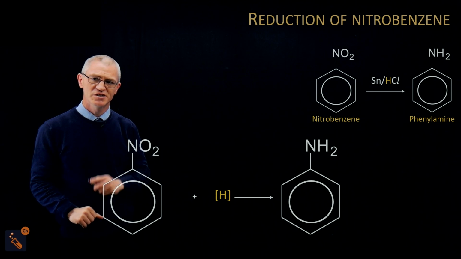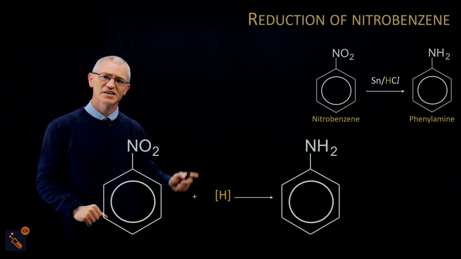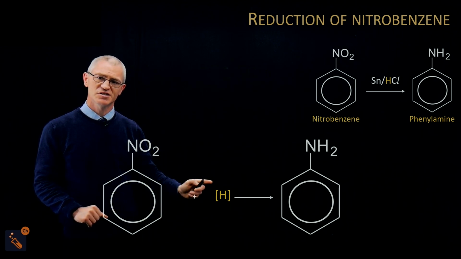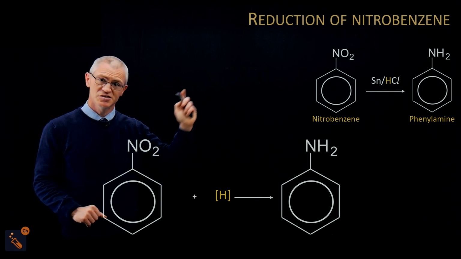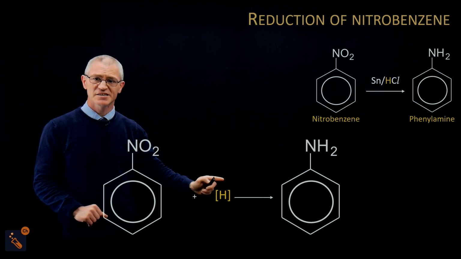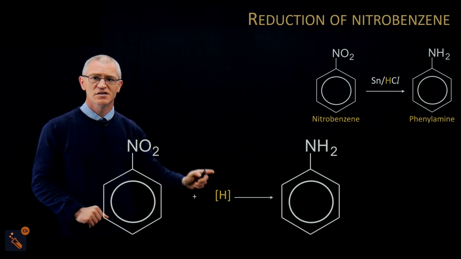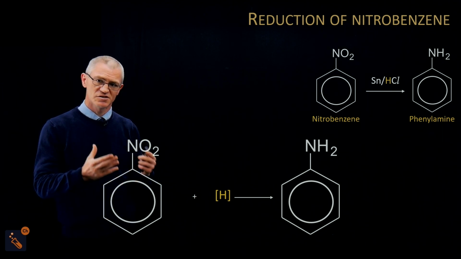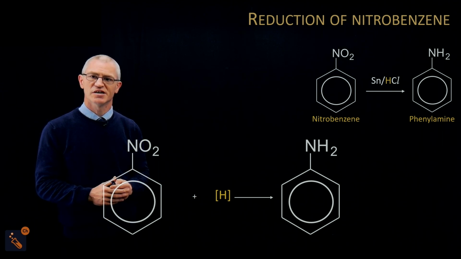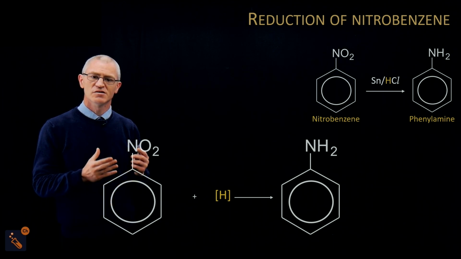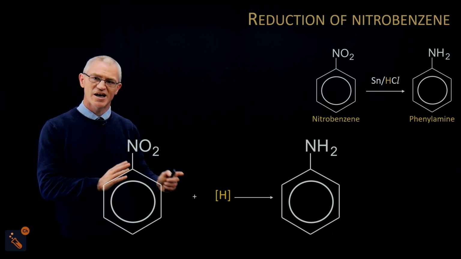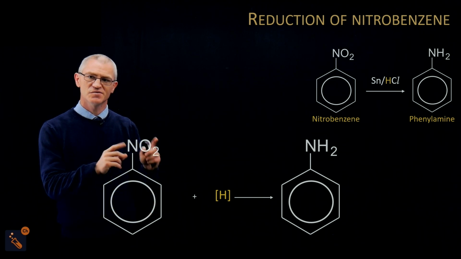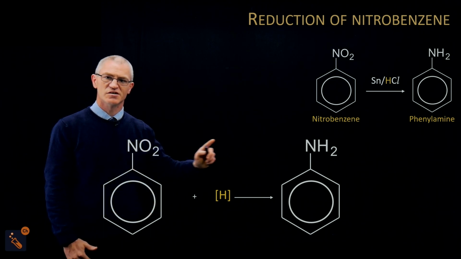Here is nitrobenzene, and they can represent the reducing agent, because this is a reduction, remember. You're adding hydrogen, so it's reduction. You can represent that as an H, and we've seen that in other types of reactions in chemistry. So all you need to do is think, how many H's am I going to add? First of all, you know that the oxygens are going to be removed.